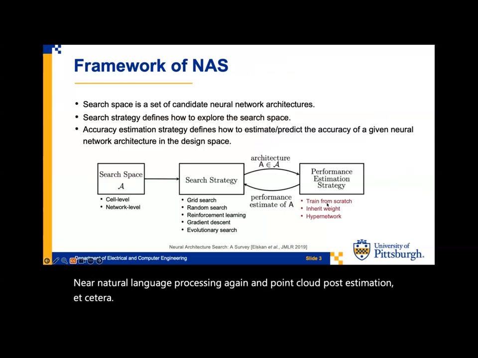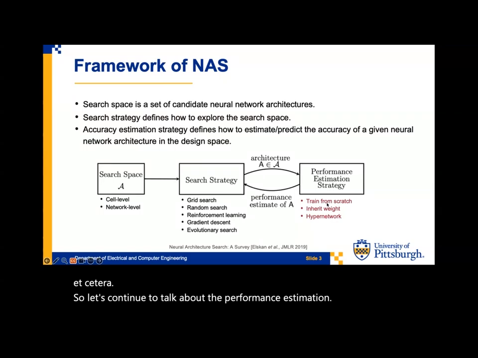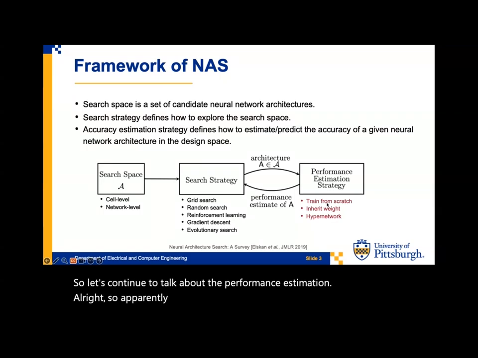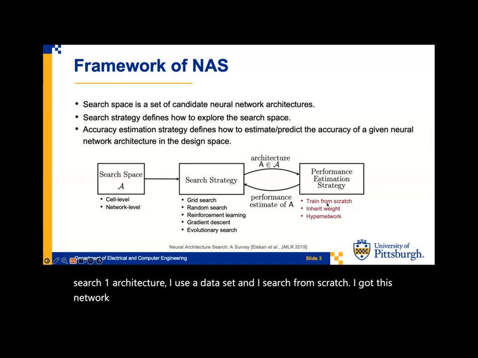All right. So let's continue to talk about the performance estimation. Apparently the easiest way is to train from scratch. So I search one architecture, I use a data set, and I train from scratch. I get this network accuracy, and then I evaluate with the validation data set.